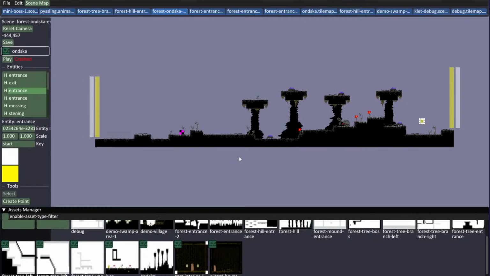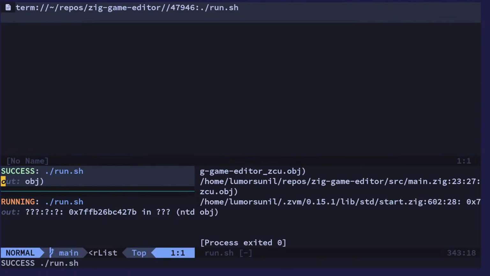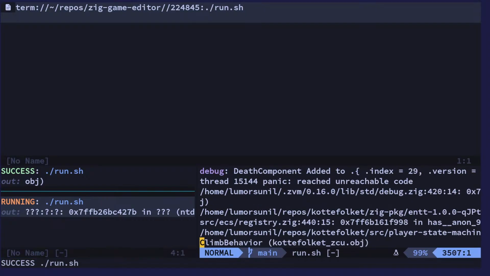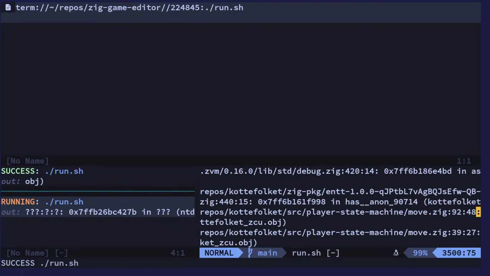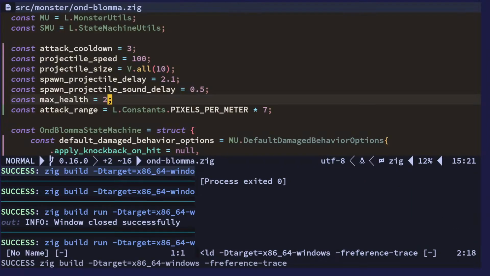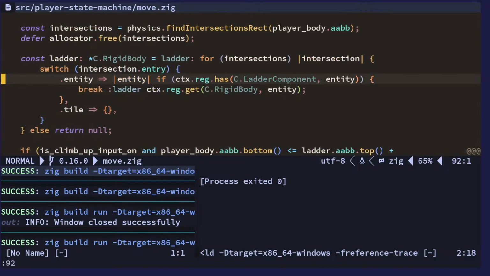Oh, we got a crash. Interesting. Okay, entity move 92. Can you hear me good, by the way?